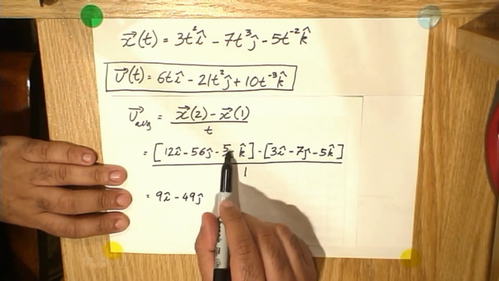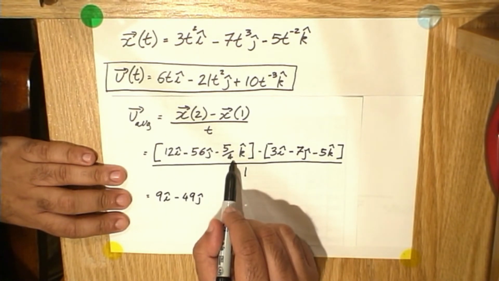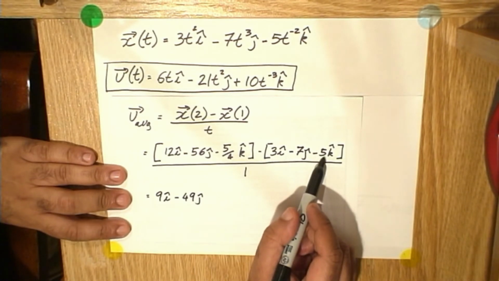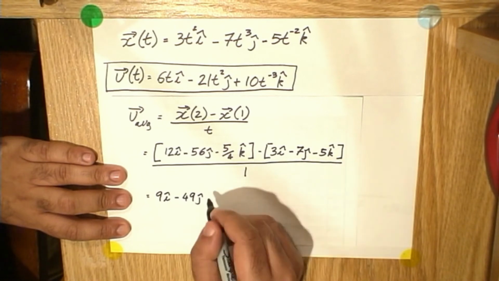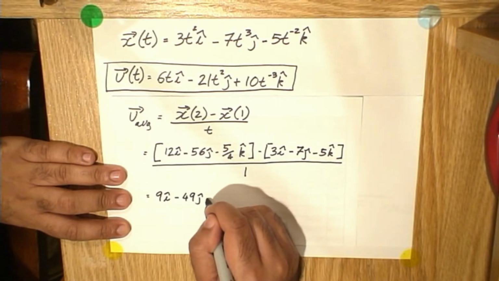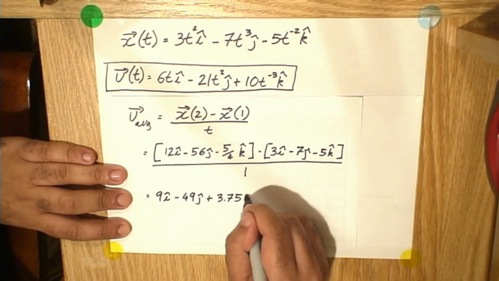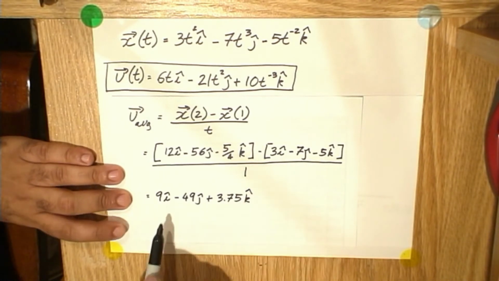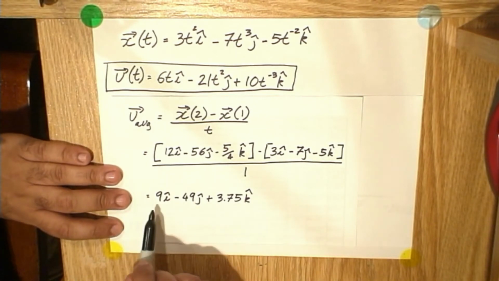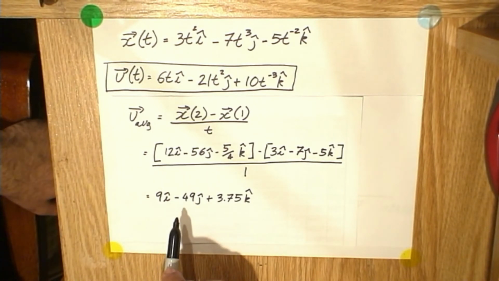And minus 5 over 4 k hat plus, because it's a negative negative, plus 5 k hat is going to give us plus 3.75 k hat. So that would be the average velocity of the particle between the times of 1 second and 2 seconds.